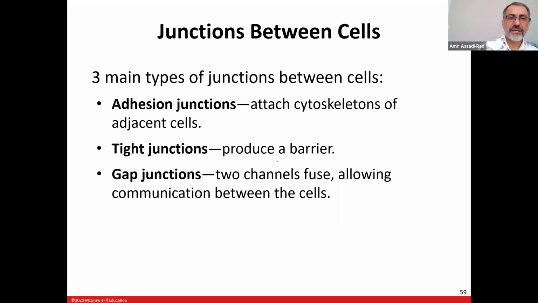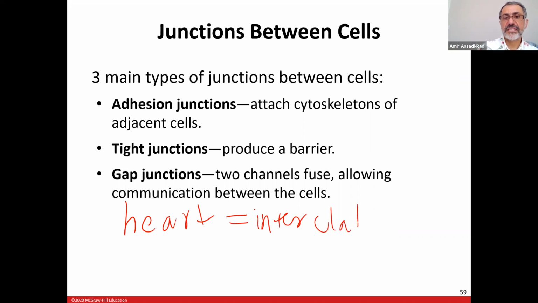An example of gap junctions is in your heart. The cells in your heart are connected together by gap junctions. They're called intercalated discs. Okay, so intercalated discs are a type of gap junction.